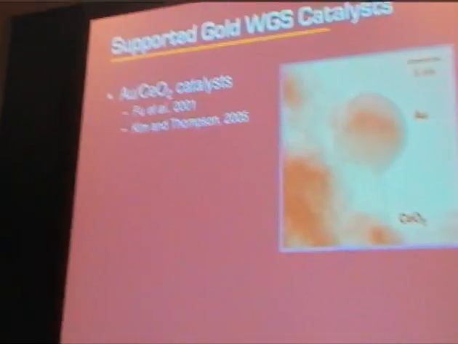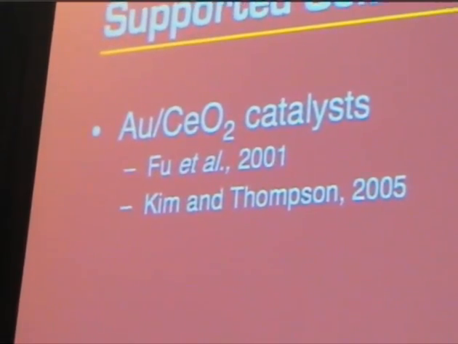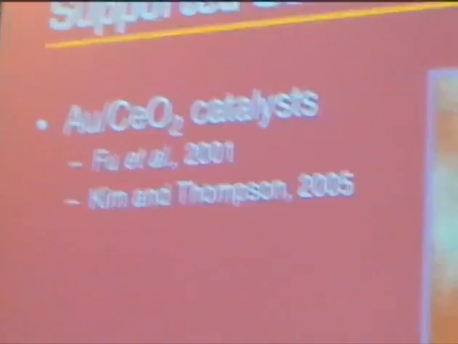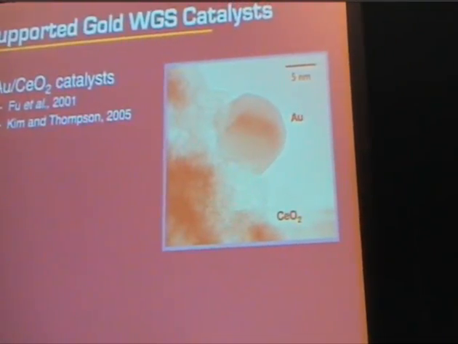Since Haruta reported that gold is very active for CO oxidation even at very low temperature, a lot of different reactions have been studied with gold catalysts. In 1996, Dr. Andreeva also reported that iron oxide supported gold is active for the water gas shift reaction.